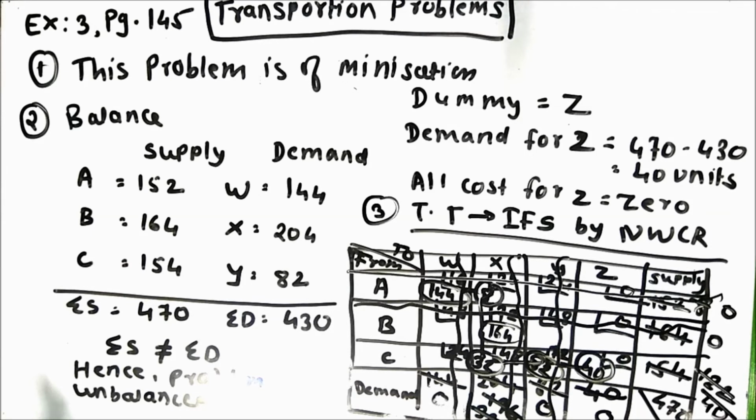So once our solution is solved, that is we got a tally in the last cell, we can find out the total cost. So let me write the total cost. How can we calculate total cost? Our formula for total cost is cost into quantity.